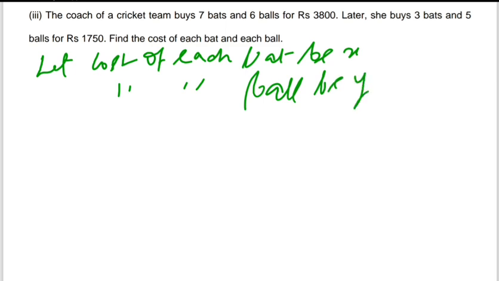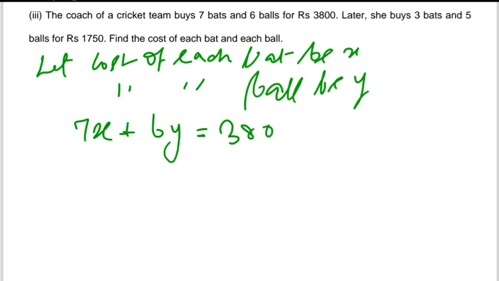So next, they are giving that 7 bats and 6 balls for rupees 3,800. So cost of 7 bats is equal to 7x, because the number of bats into cost of each bat gives you the total cost. So 7x plus 6 balls, that is 6y, is equal to 3,800.